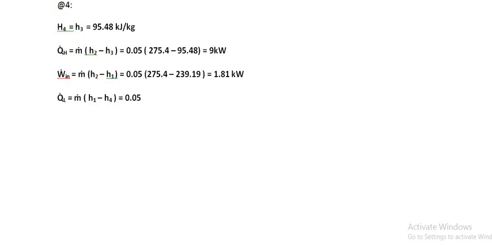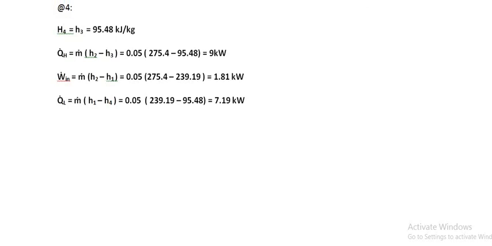So 0.05 into H1, which is 239.19, minus 95.48, which is H4, is equal to 7.19 kilowatt. Now in the last part we are required to find the coefficient of performance.